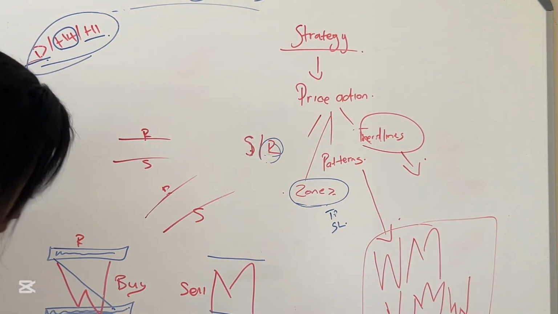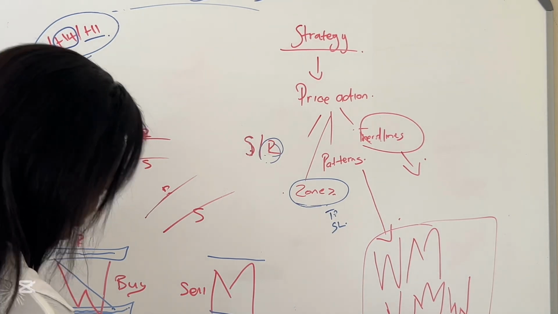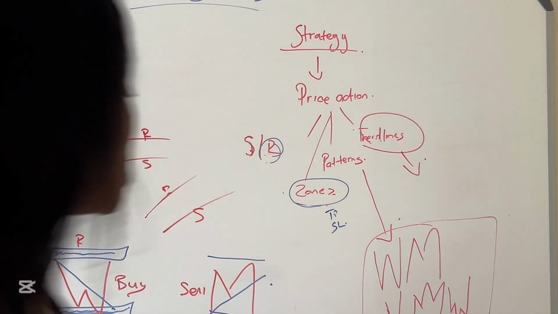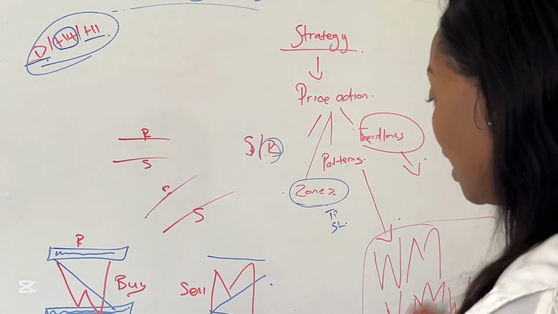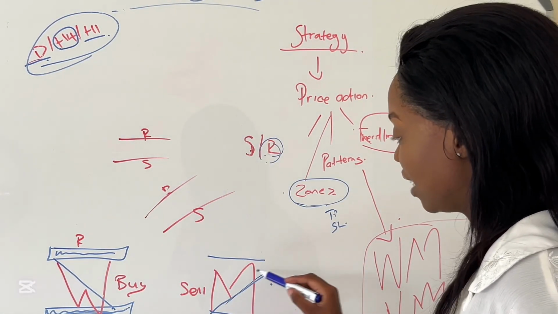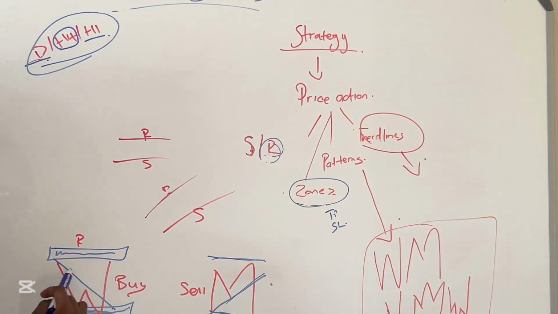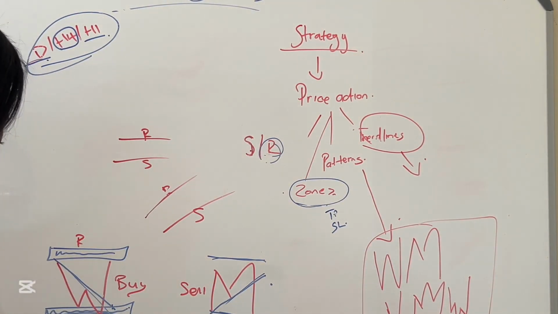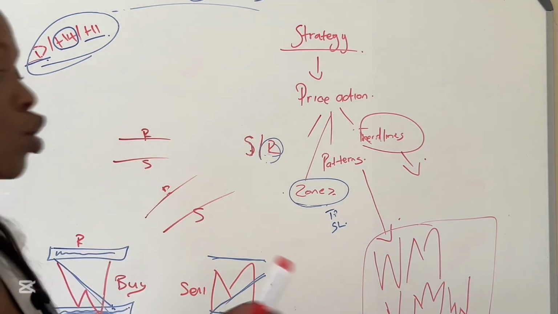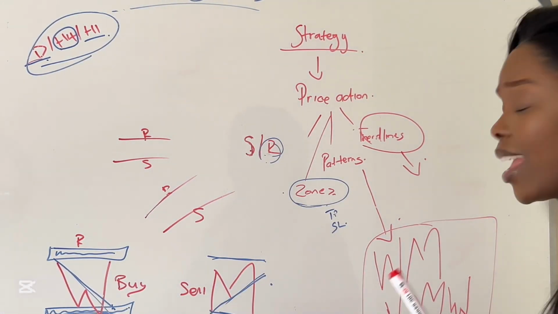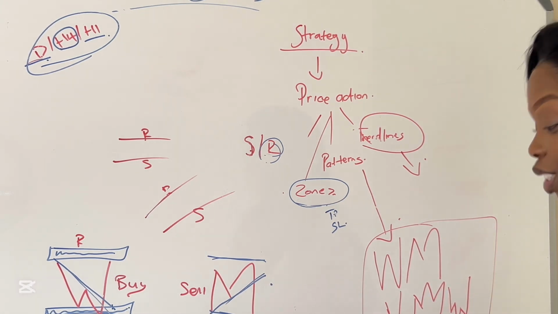This is my trend line, this is my trend line, and this is my trend line. Do you see how these strategies work together? This is a trend line, this is support and resistance, this is a zone, this is a trend line. Can you see how they all work together? And that is why I love price action.